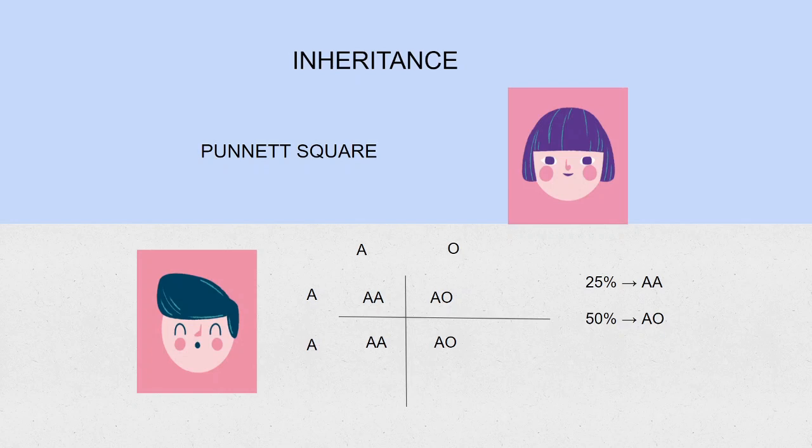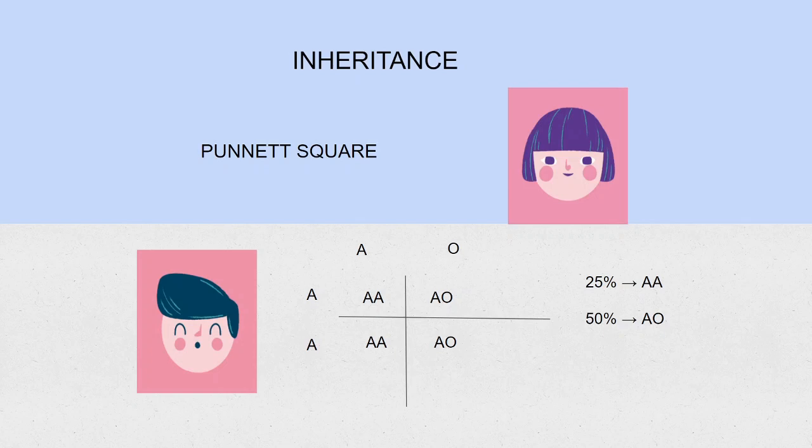Each of the parents has two alleles on their separate chromosomes, so each parent could contribute one or the other allele to the child, and the Punnett square allows us to determine all the possible combinations.